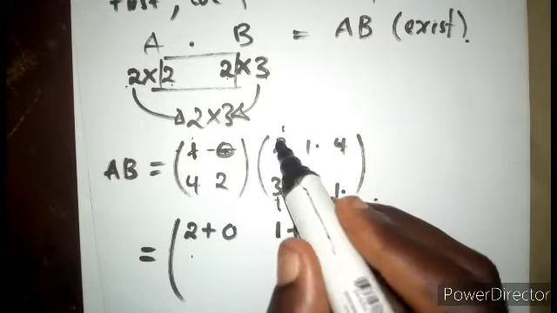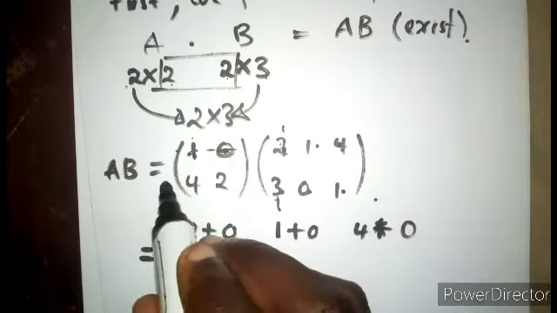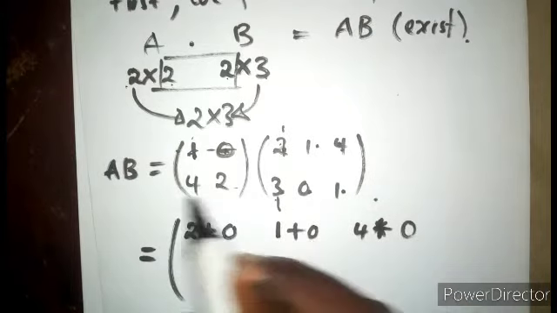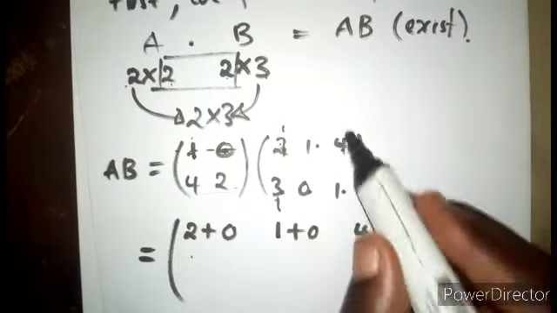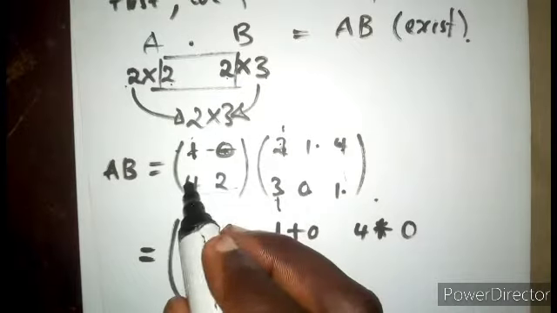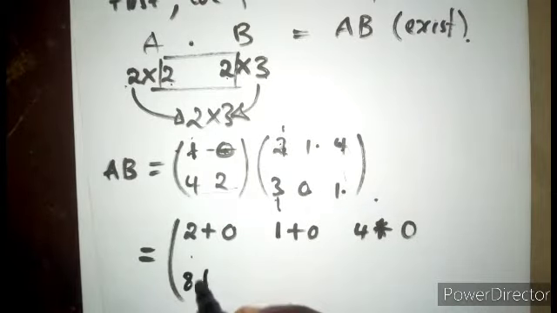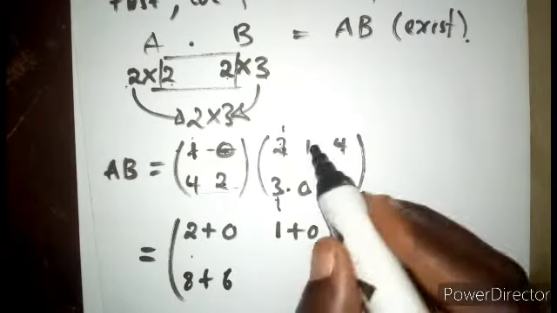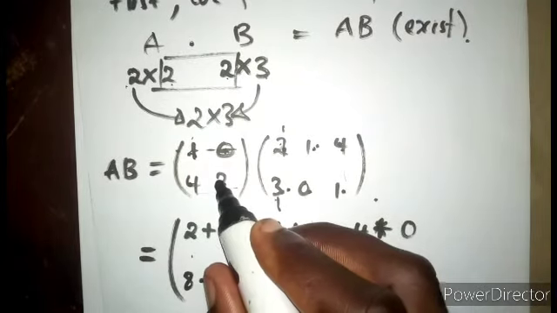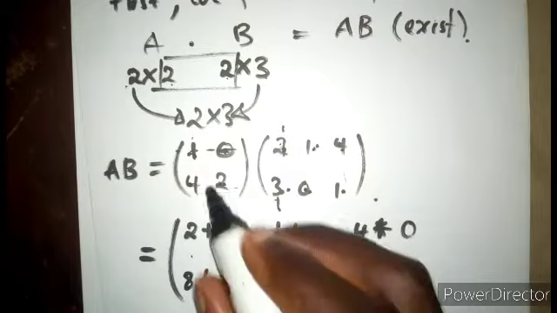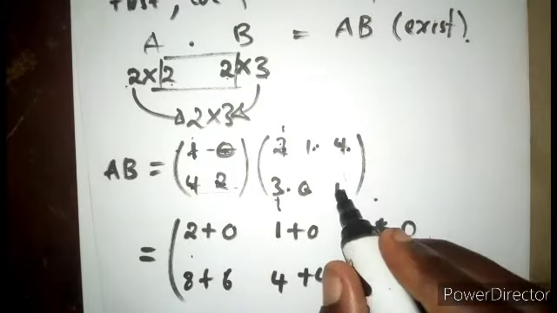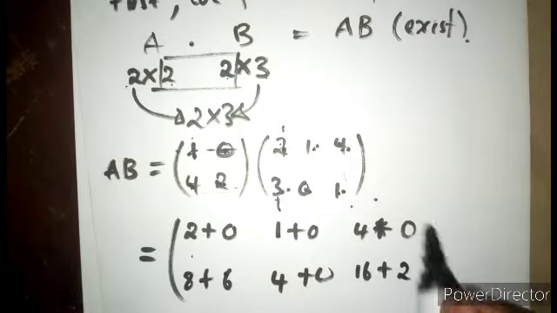Now it is the second row with the first column, second row second column, second row third column, like that. 4 times 2, that's 8, plus 2 times 3, 6, 4 times 1, 4, plus 2 times 0, 0, 4 times 4, 16, plus 2 times 1, 2.